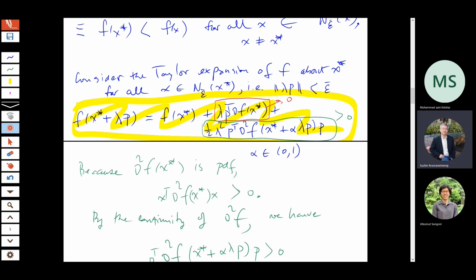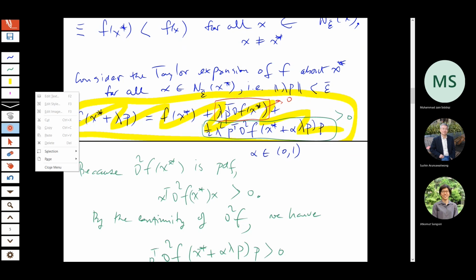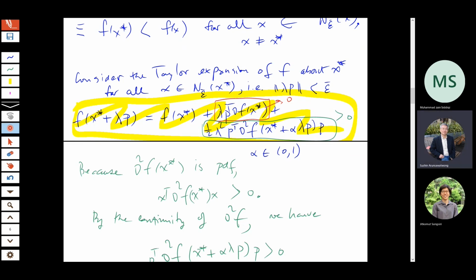Then f(x star) plus a positive number must be greater than f(x star), right? Therefore we conclude that f(x star plus lambda p) is greater than f(x star), and this happens for any direction p, for any vector p, right?